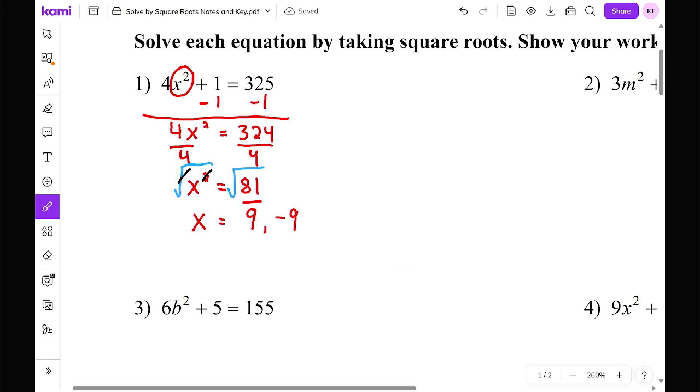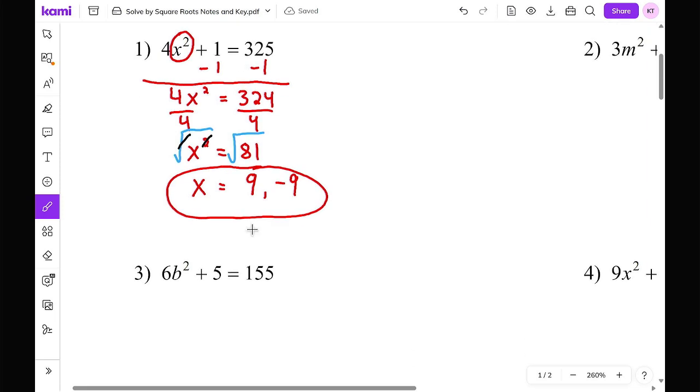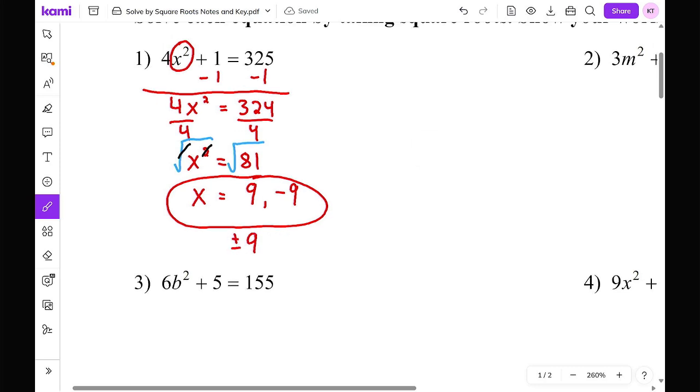That would be our two answers right there. You may also see it as plus or minus 9. And again, the reason why we get two answers here is because, for example, 9 times 9 will give us 81, which is the same thing as 9 squared. And then negative 9 times negative 9 will also give us 81.